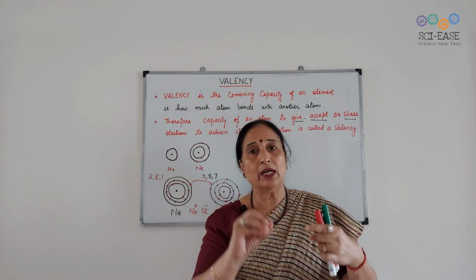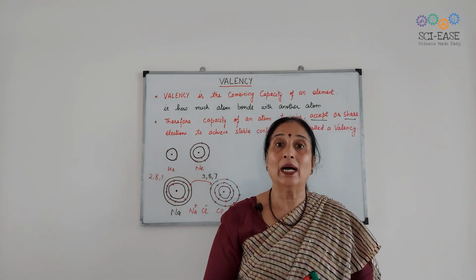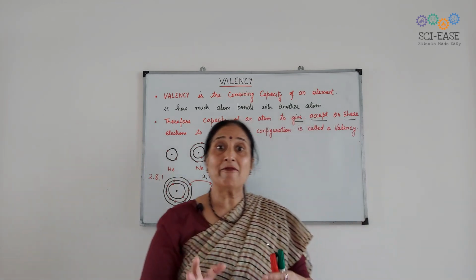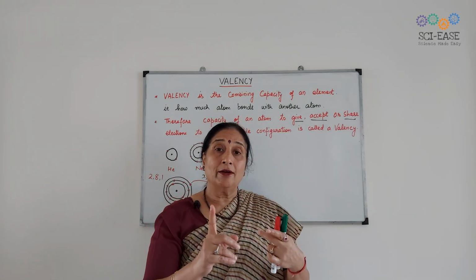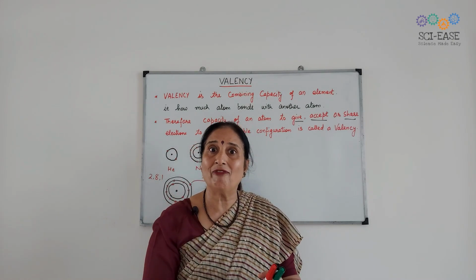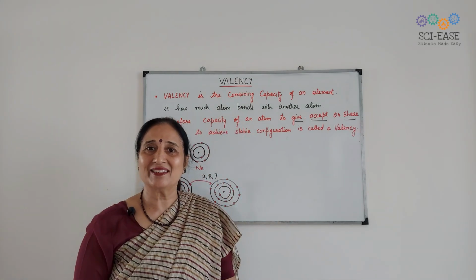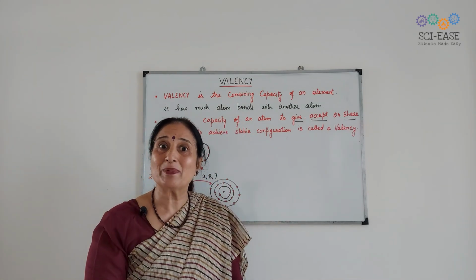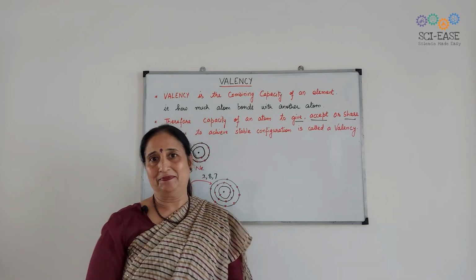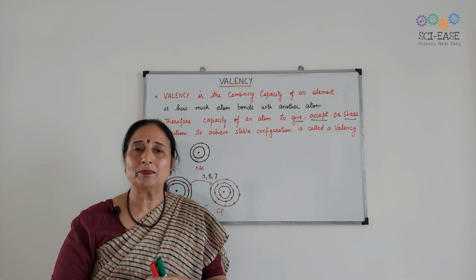So they will lose this 1 electron and acquire the noble gas configuration. So when we know the number of electrons present in the valence shell, we can tell the valency of an element. So all the elements present in the first group have valency 1. Now come to the elements present in the second group.